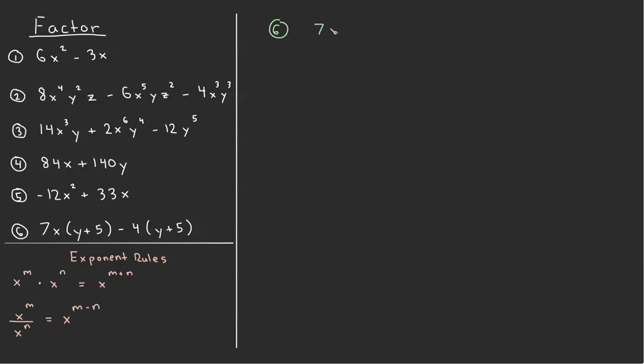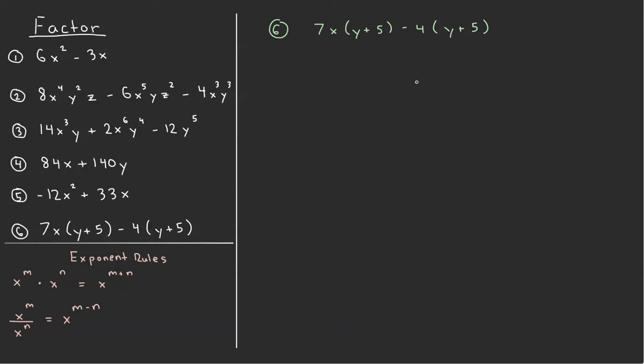Now 7x times (y plus 5) minus 4 times (y plus 5). All right, so the difference here for number 6, as opposed to the other examples here, is that we have these y plus 5 binomials here. In each of the previous 5 cases, we were factoring out something called a monomial.